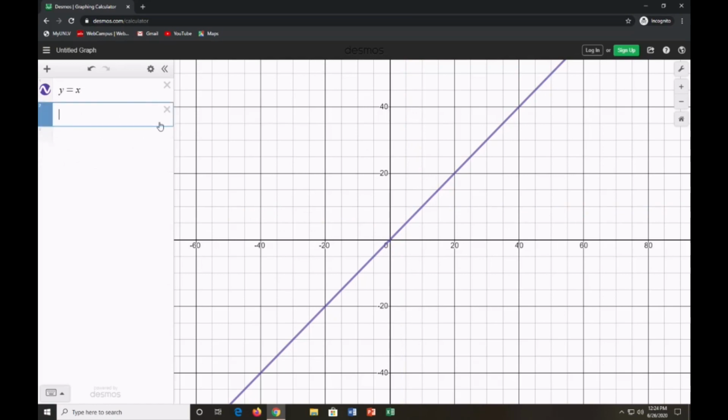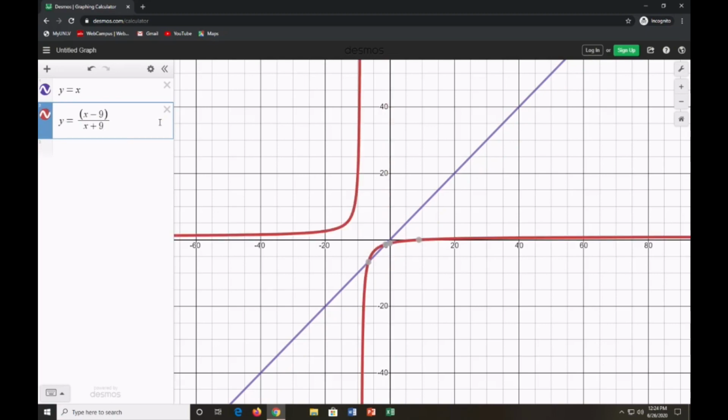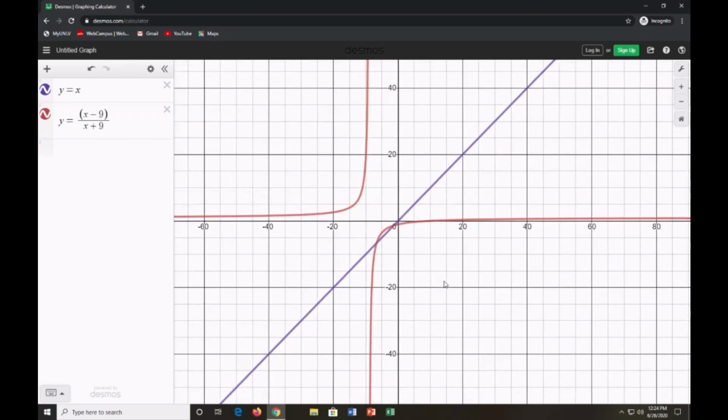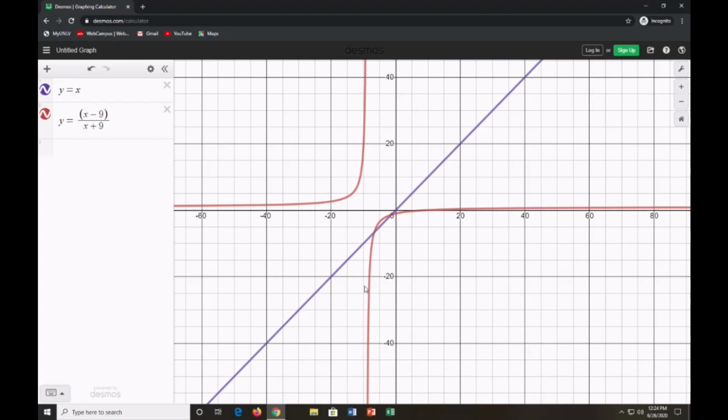Next one was (x minus 9) divided by, well, no. Let me put this in parentheses. (x minus 9) divided by (x plus 9). Okay? So that was the original function.